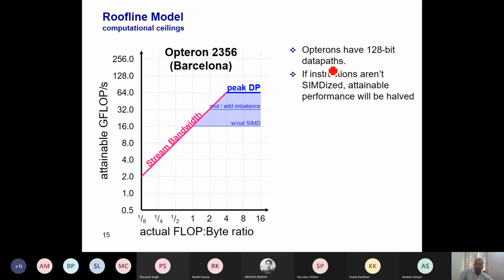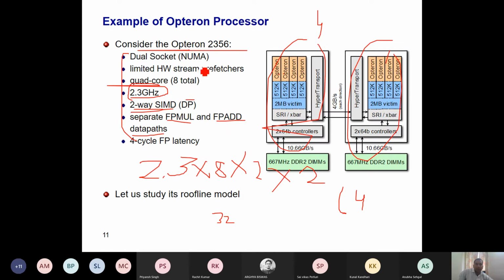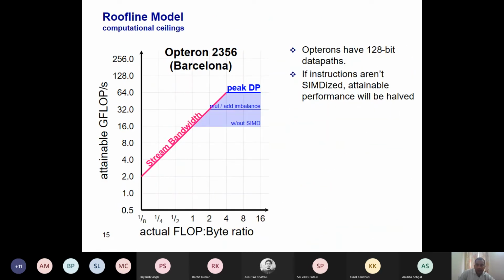Further, suppose this was Opteron, right? Opteron had two-way SIMD. That means for double precision, which is 64-bit, 64-bit times 2 is 128. That means that's the 128-bit data path.